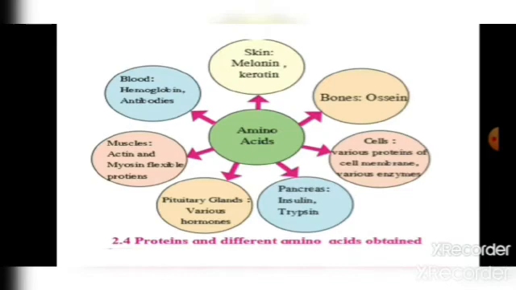Each gram of protein provides 4 kilocalories of energy. If protein intake is more than required, it does not result in the storage of amino acids in the body. Instead, they are broken down, forming ammonia, which is then eliminated from the body.